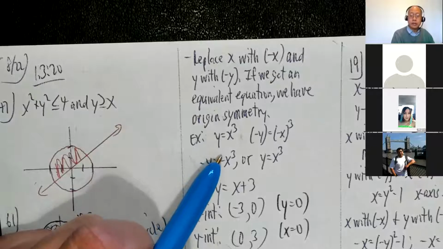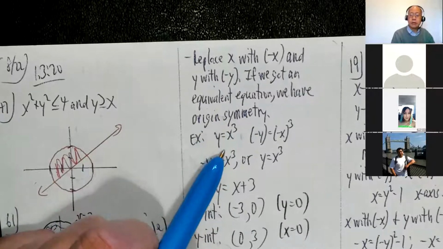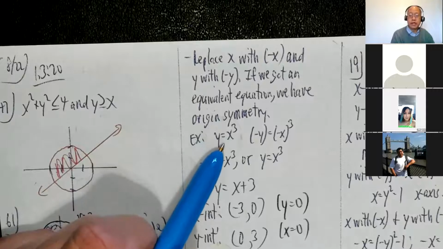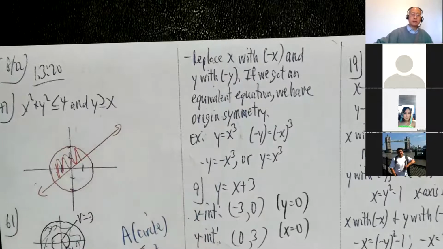Odd functions are functions and they have origin symmetry. Right now we're not dealing with functions, so they could be functions or they could not be. Odd functions are symmetric with respect to the origin, yes. Even functions have symmetry with respect to the y-axis.